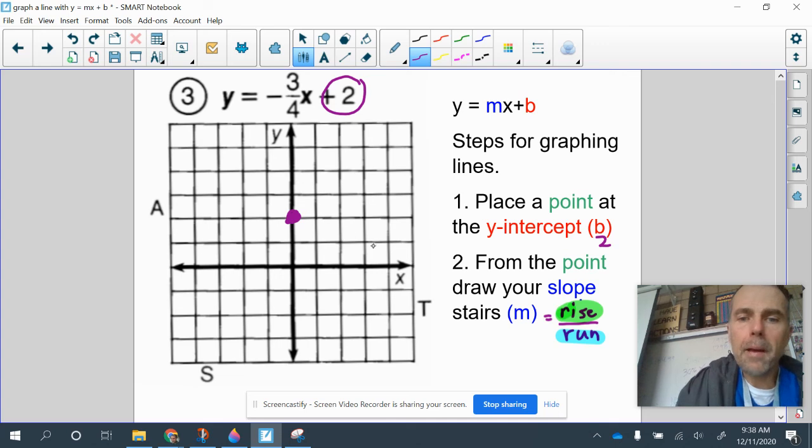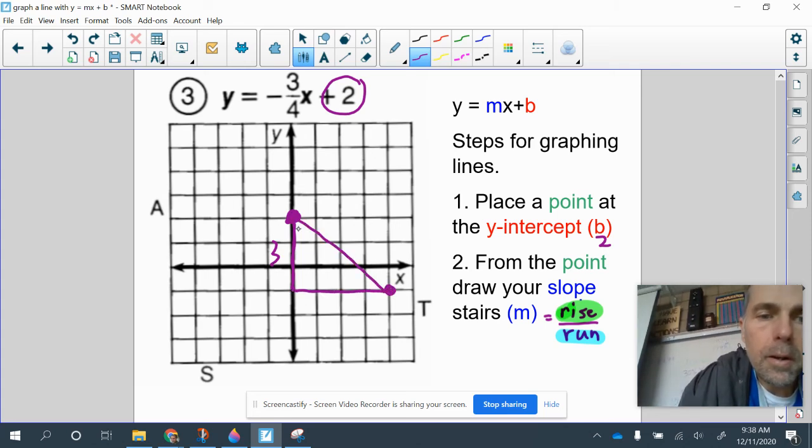Then from that point, I'm going to draw my slope. It's 3 over 4, but it's negative, so I have to make sure my slope ends up being negative. I'm going to go 3 down and 4 across. There's my first triangle.